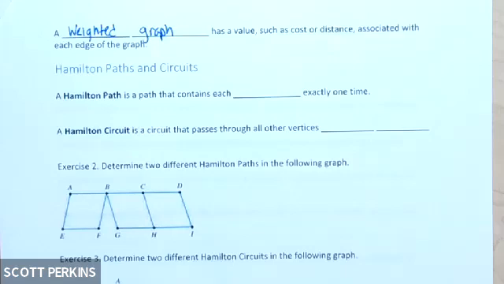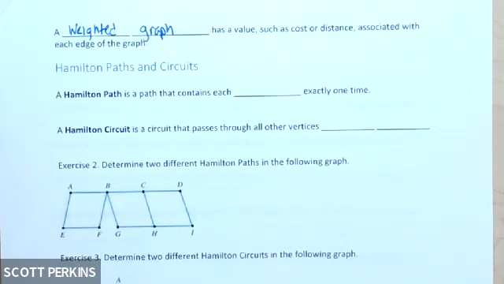So a weighted graph has a value associated with each edge of the graph. If you turn back to the front, you can see that on both graphs we just drew, each edge has associated with it a particular dollar value. That's what makes it a weighted graph. One of our examples coming up, you're going to do one that's going to have distances associated with the edges. That makes it a weighted graph. There are other situations, but in this class, either cost or distance are going to be the most common.